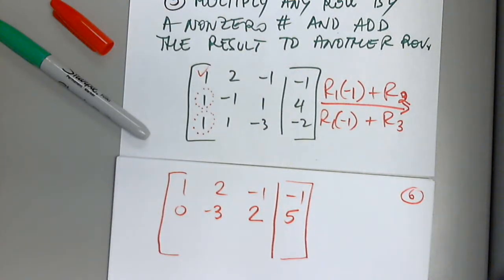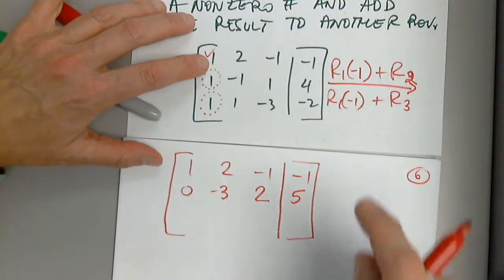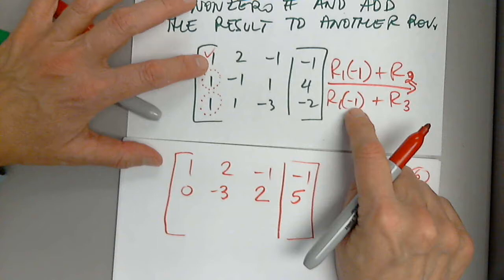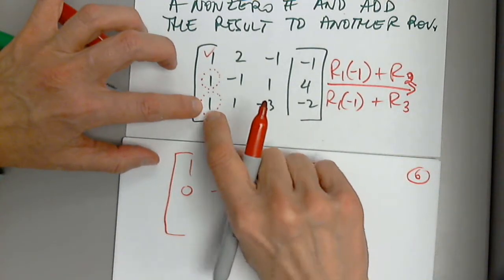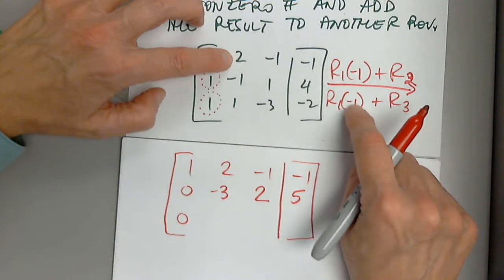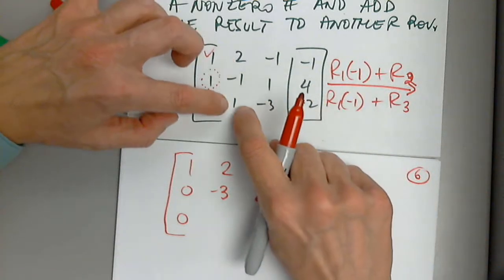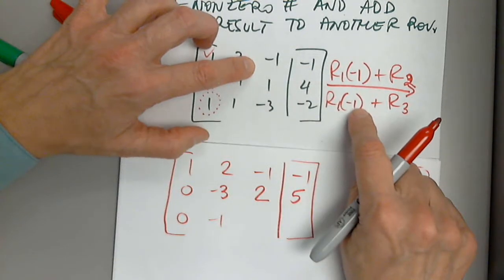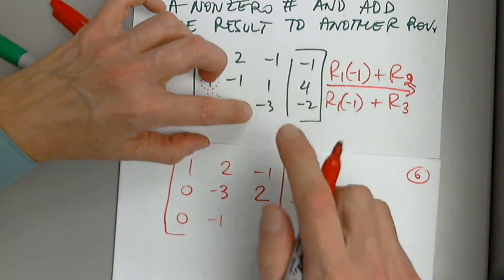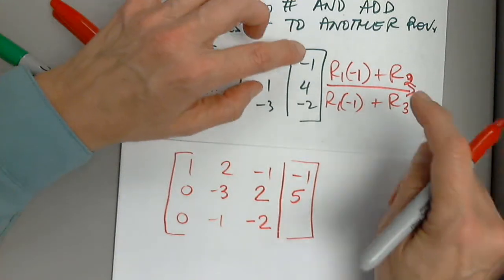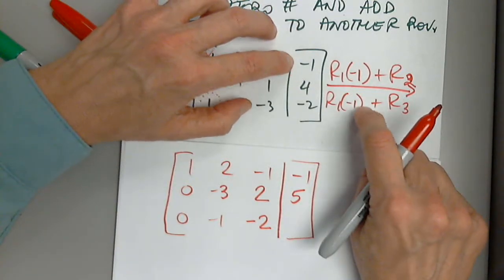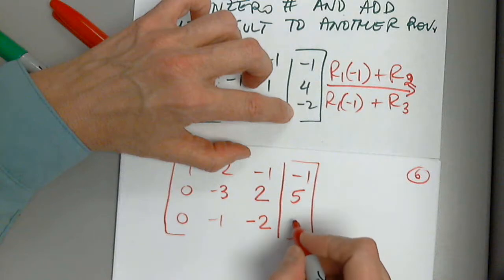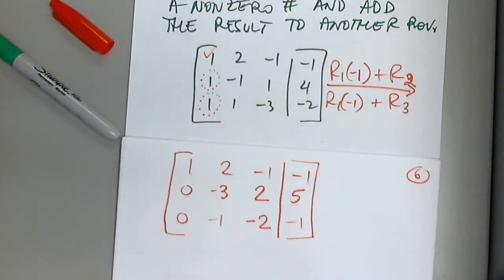We will repeat the same process for row 3 now. 1 times -1, plus 1. 2 times -1, plus 1. -1 times -1, minus 3. Awesome. 1 times -1, minus 2. What did we accomplish? The first column is done.